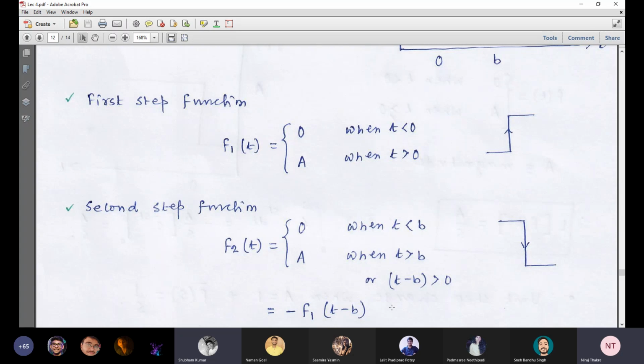Yeah, if a is positive, then it should be minus a. That's why the minus sign is written here. Where t is greater than b, it should be minus a because it is decreasing. We are considering this is 0 and this is a, no? Yes. So that's why the minus sign is here.